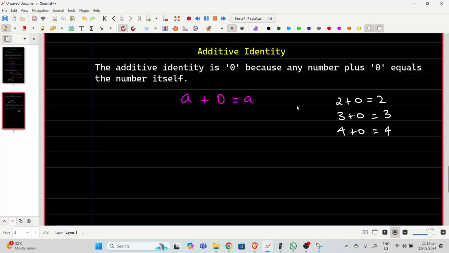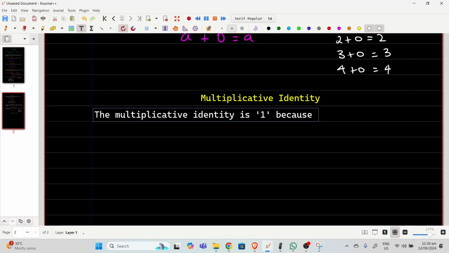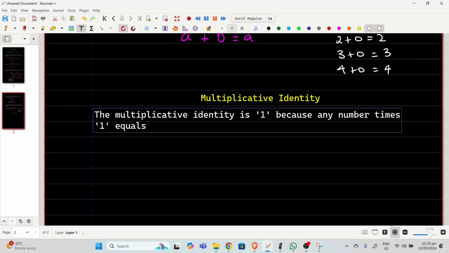Similarly, we have something called the multiplicative identity. Similar to the additive identity, the multiplicative identity is 1, because any number times 1 equals the number itself.